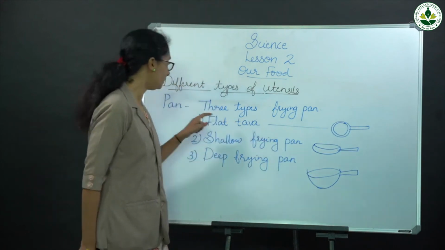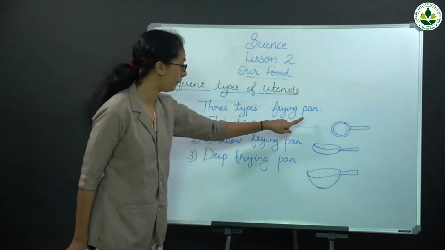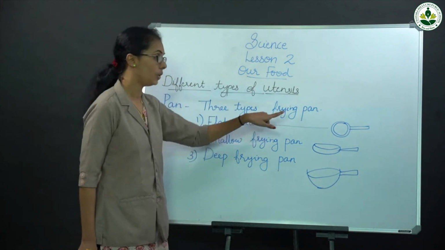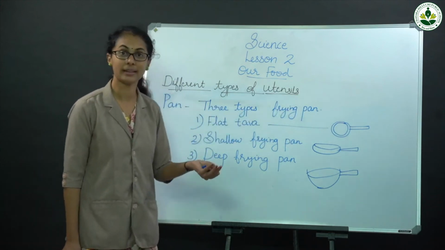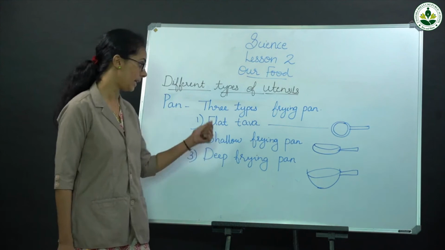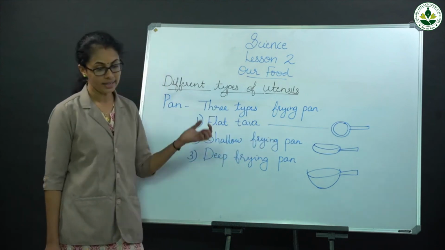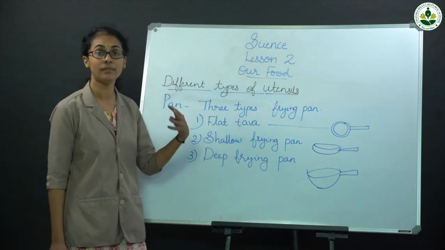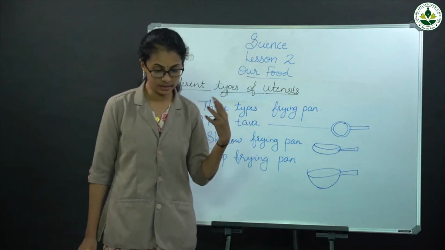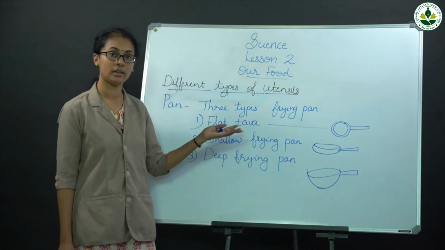Once more, the three types of frying pan. The flat tawa is used to make dosha, appam, chapatis, that type of thing. The second one is the shallow frying pan, used to fry vegetables and make cutlets.